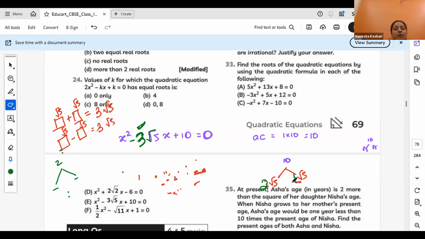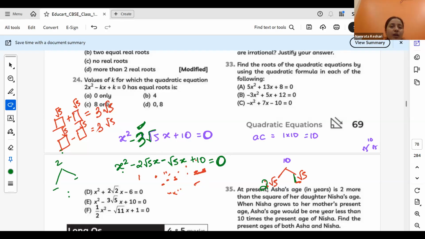So this will be 2 into 1. x square minus 2 root 5 x minus root 5 x, because 1 root 5 is just root 5, plus 10 is equal to 0.